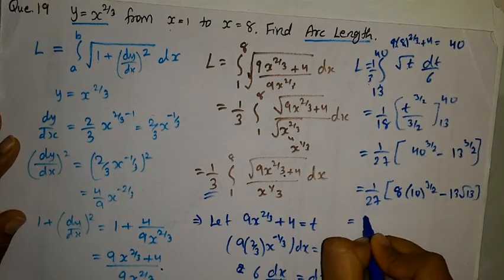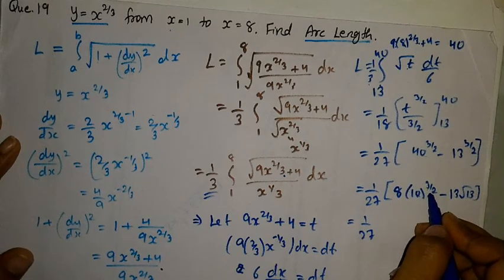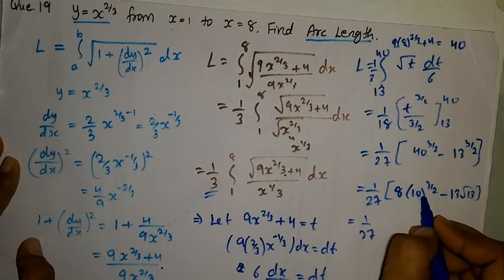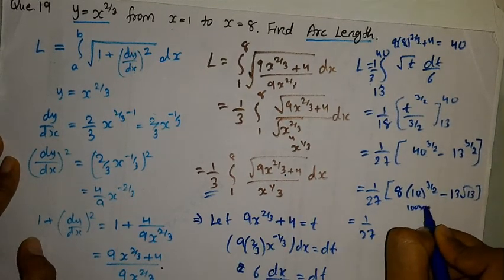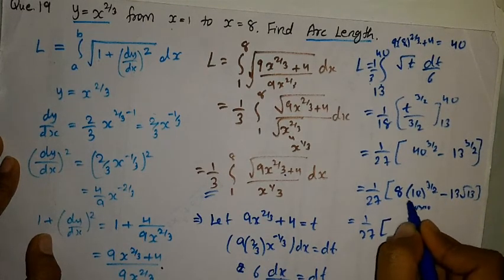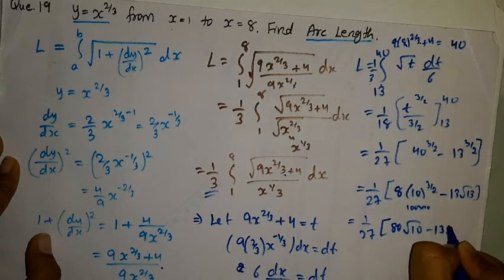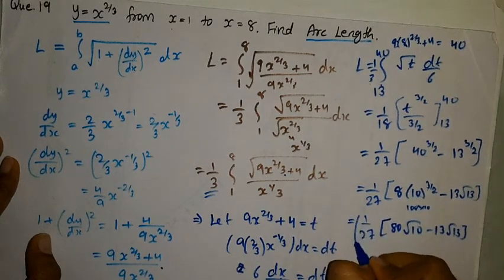That is equal to 1 upon 27, and 10 cube will be 1000. So 10 square is 100 into 10, so we can take root of 100 is equal to 10. So that is equal to 10 into 8, 80 root 10 minus 13 root 13. So this is our answer.